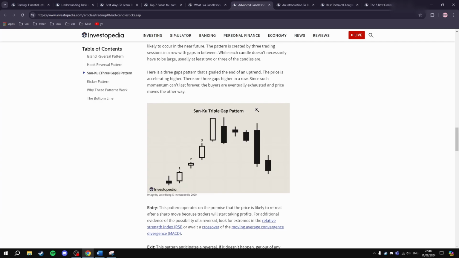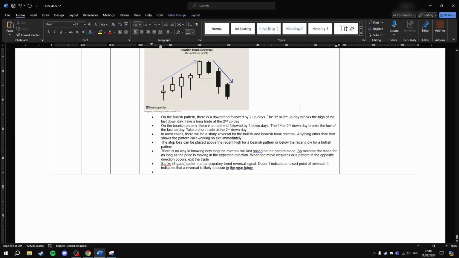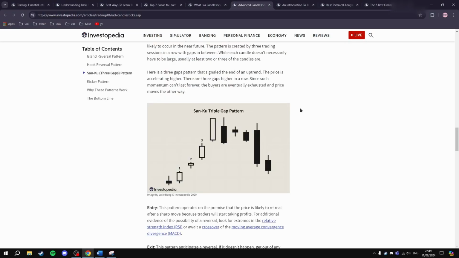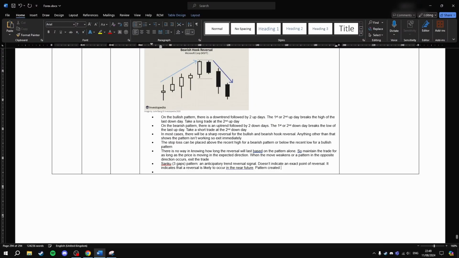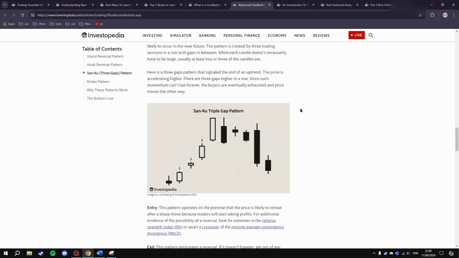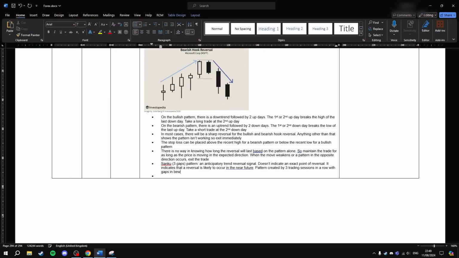So the pattern is created by 3 trading sessions in a row with gaps in between.